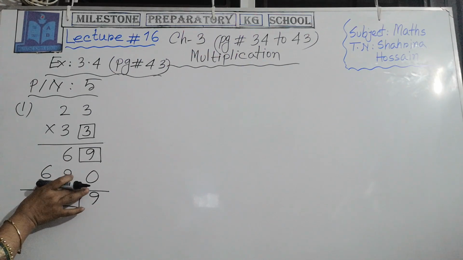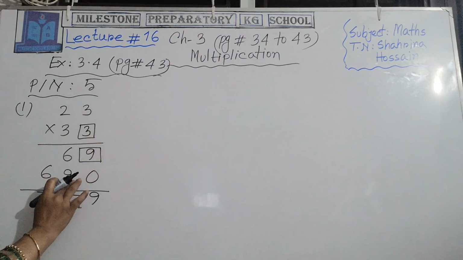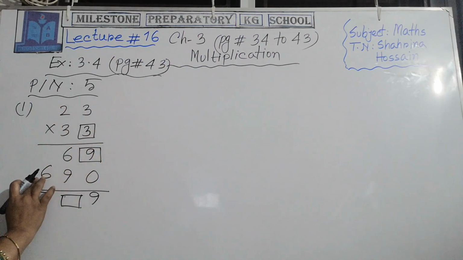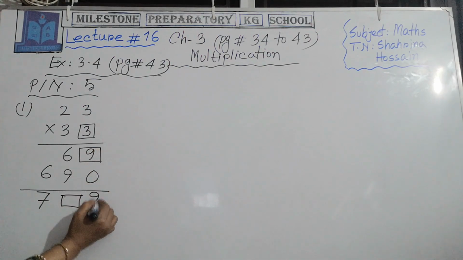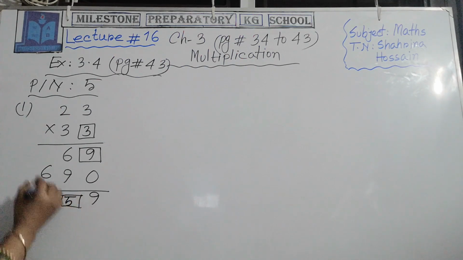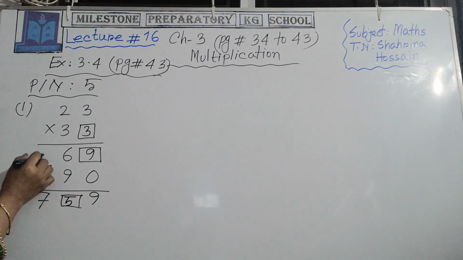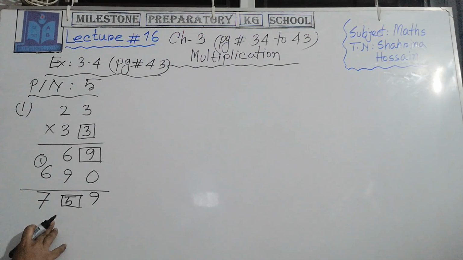Now let's come. How can you make this second line answer? 3 3s are 9. 3 2s are 6. Look, my answer is 9 plus 0, 9. 6 plus 9 is 15. Here 1, okay, and 1 plus 6 is 7. So my answer is that.